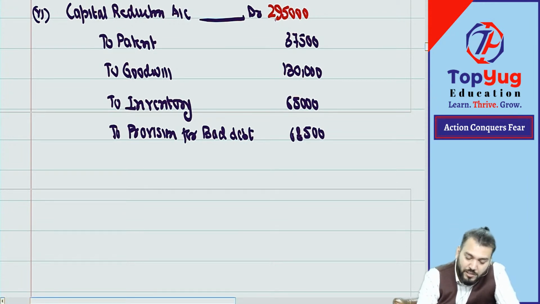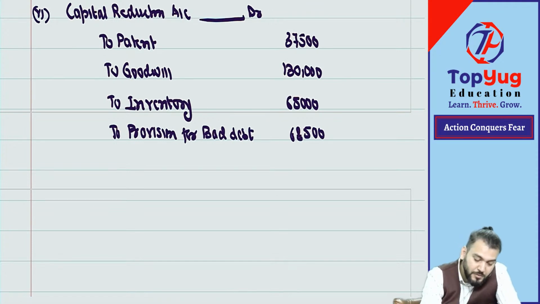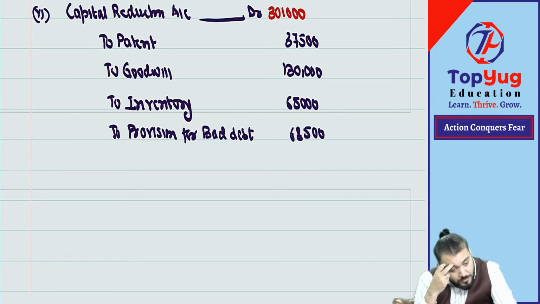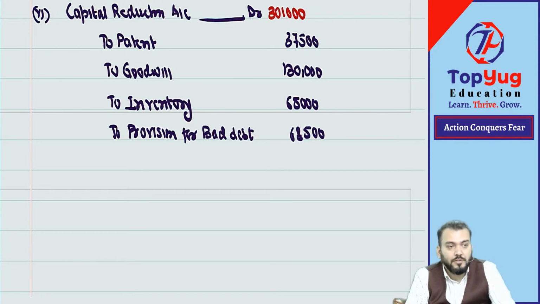Throw your calculator. It is 3,01,000. Okay. Correct. Chalo, this point also you have understood.